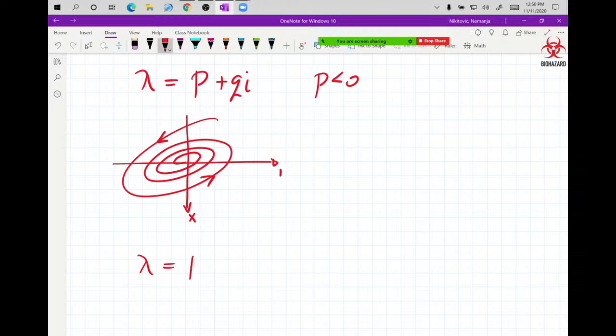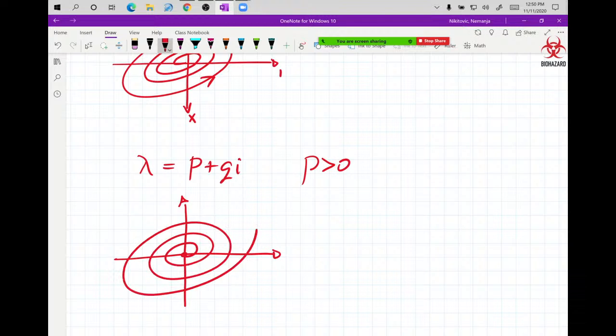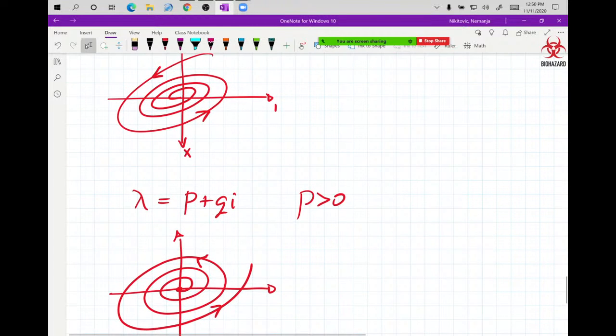And then lambda equals p plus qi, where p is larger than 0. This is where it spirals out. So you have your source, and then it spirals out of there, and it goes outward on the solutions. So we would say spiral sink, and again a source.